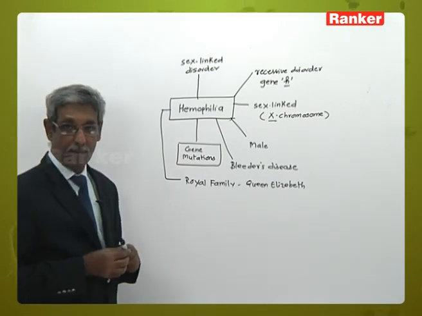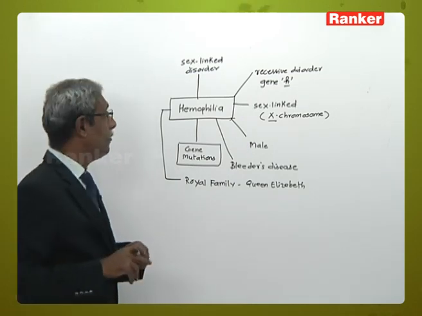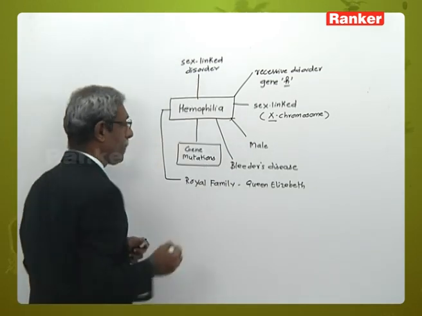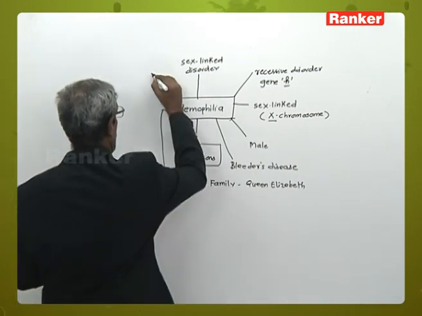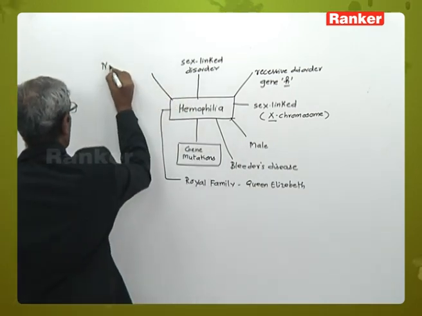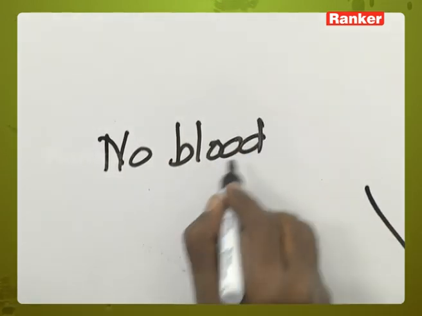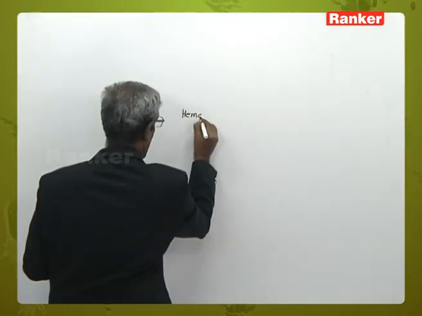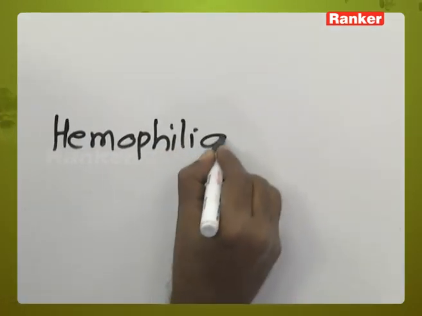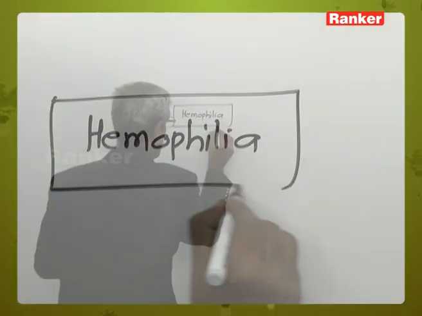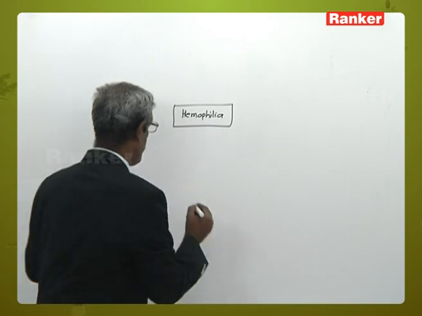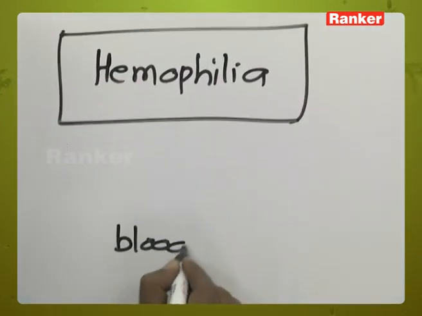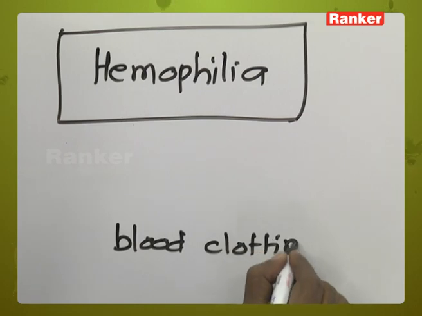So, the basic feature of hemophilia, which is a sex-linked disorder, is that there is no blood clotting. Clotting of the blood does not occur. Hemophilia, the sex-linked inherited disorder, is a disease wherein blood clotting is absent.